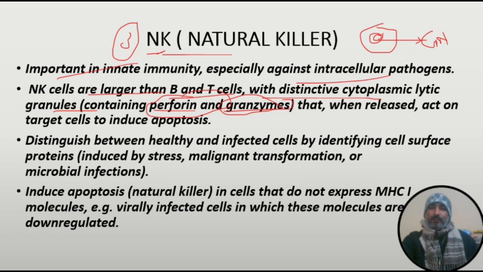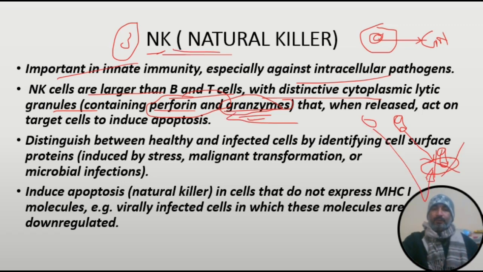For example, this is a bacterium, so 5 different proteins will join and make a hollow protein like a pipe, and this pipe will be inserted into the bacterial surface. So osmotic lysis will occur and eventually the bacteria die. The granzymes are digestive enzymes which digest the cell membrane, and eventually lysis will occur.